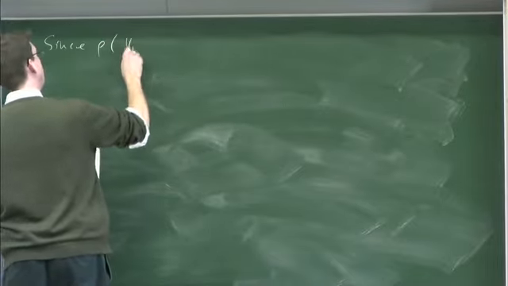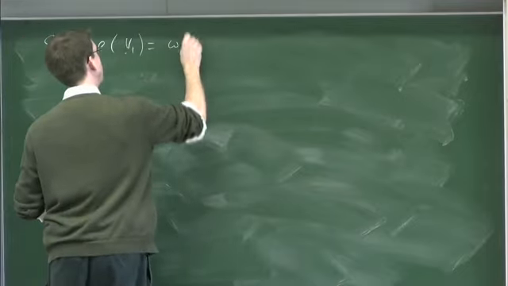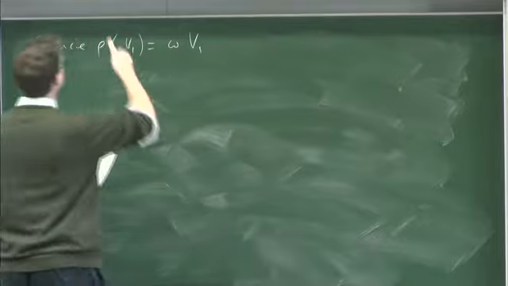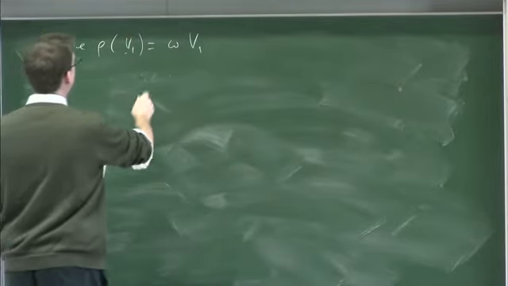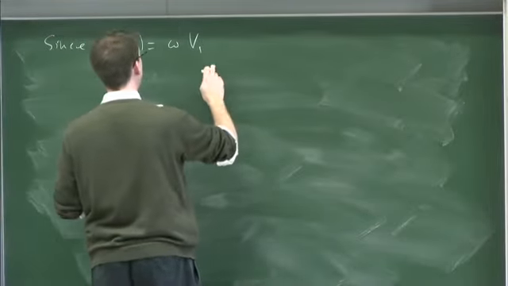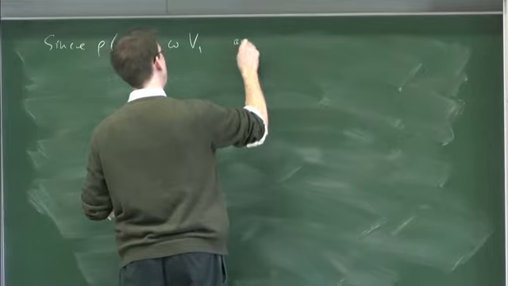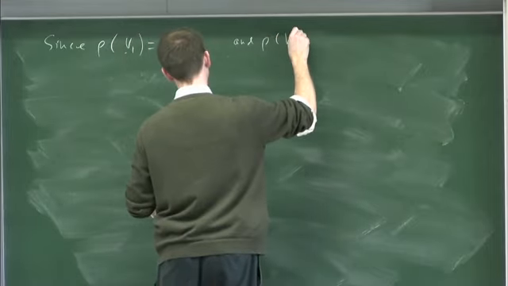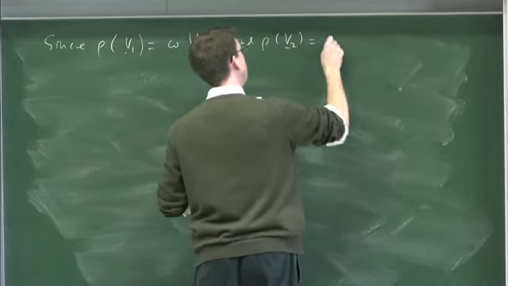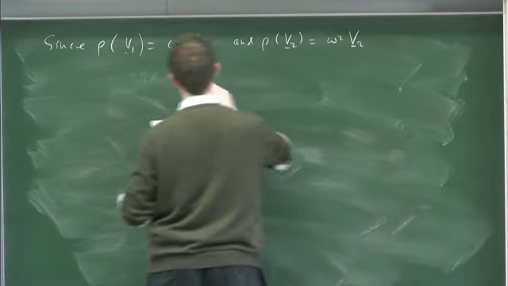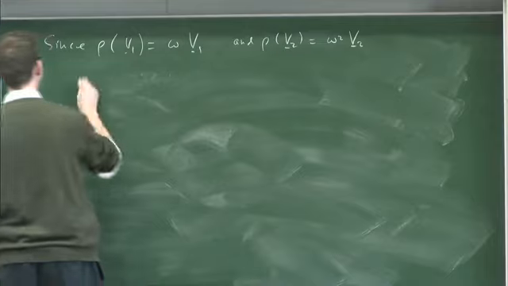And then rho acting on V1 is just permuting the coordinates, and that's essentially the same as multiplying everything by a little omega, which is like 2 pi by 3. And rho of V2 is omega squared times V2. So this is just checking what happens to the coordinates.